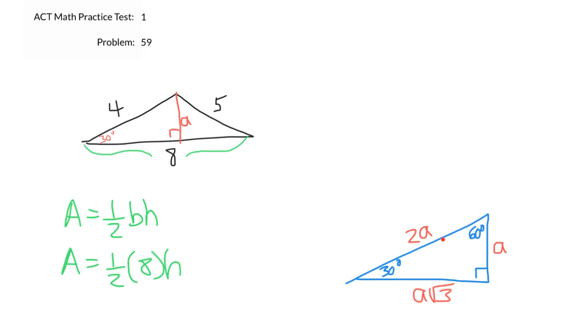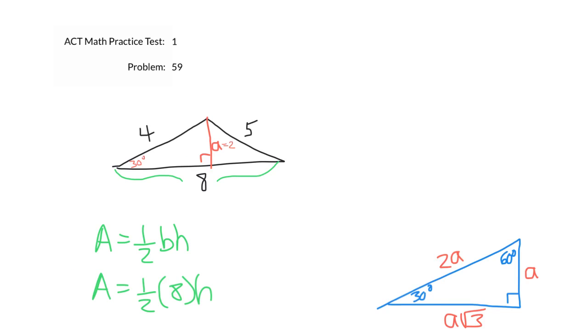So you could think of the hypotenuse as 2 times A, but you could also think of A as 1/2 of this large number. So A is 1/2 of that. So A is 2. Now keep in mind I could have called this H as well. A case could be made that maybe I should have called it H because it is the height. But I wanted to call it A to make it correspond with this A.